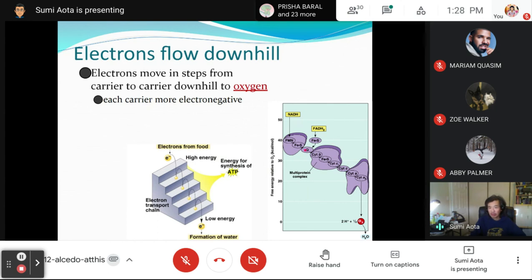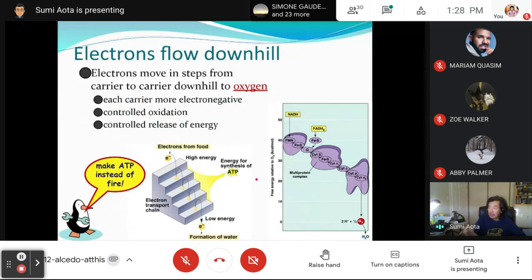So the electrons keep going down until you get to the most electronegative compound, which is oxygen. It's a controlled oxidation. We're controlling the release of energy and capturing it as ATP instead of releasing it all at once as heat. So we make ATP instead of making fire.